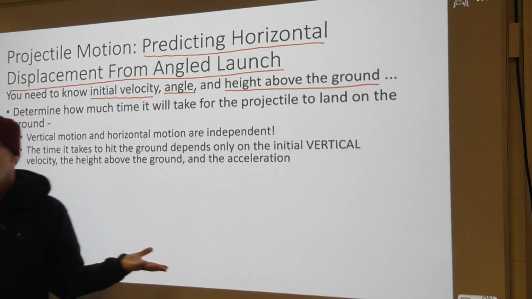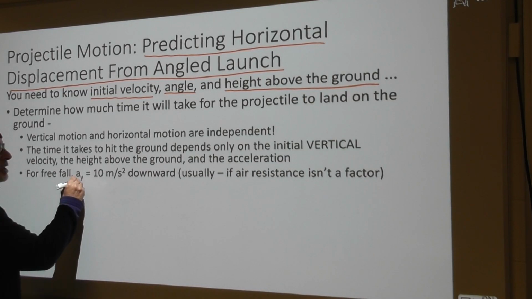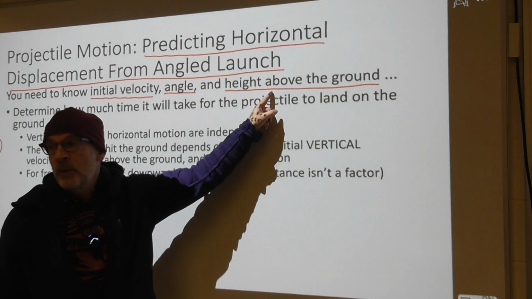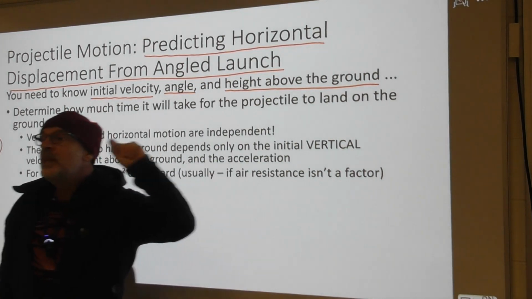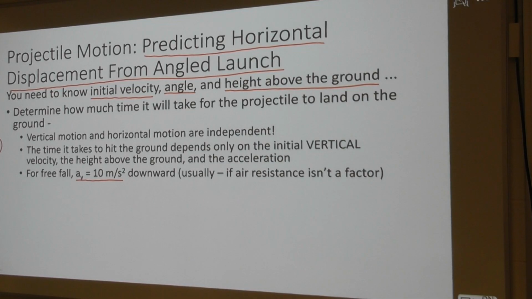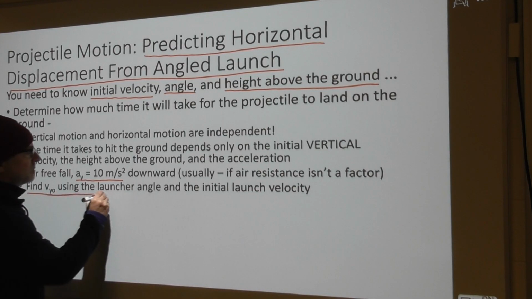It's in free fall, because this is a very specific kind of problem that always involves free fall. So that means that our acceleration is 10 meters per second squared. We already know how high above the ground it is. So the only thing we need to know is how fast it is moving up and down right when it starts projectile motion. And to find that, we're going to use the vector solver or trig.